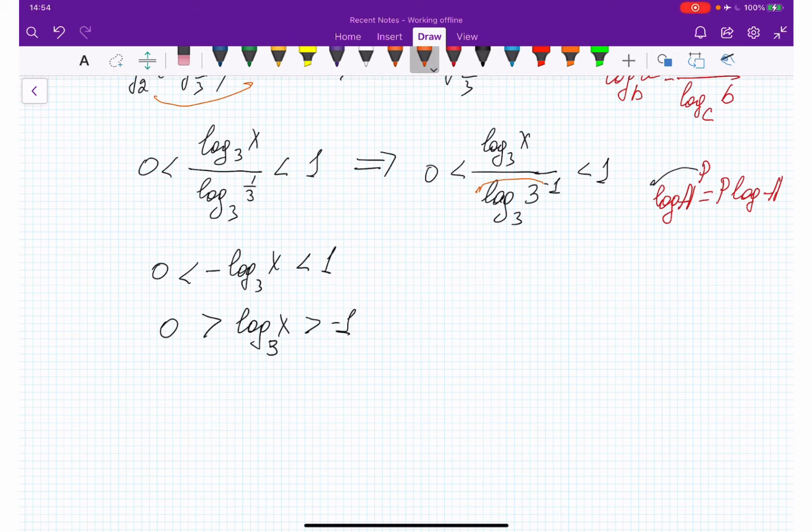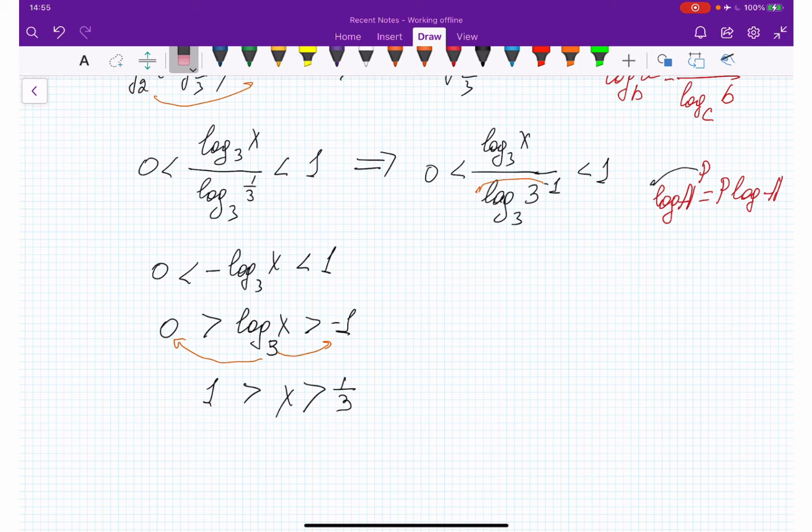And from here, 3 to power negative 1 is 1/3, right? And 3 to power 0 is 1, right?